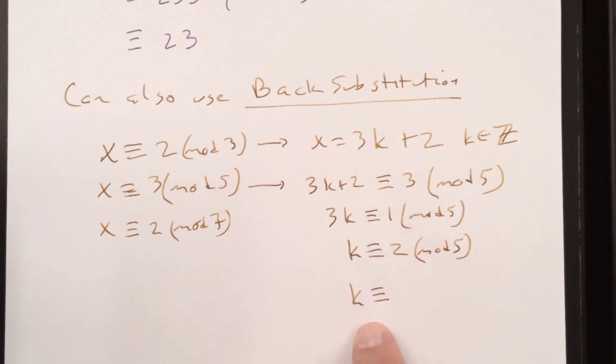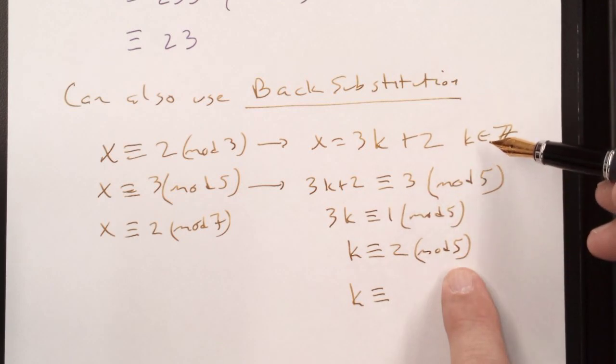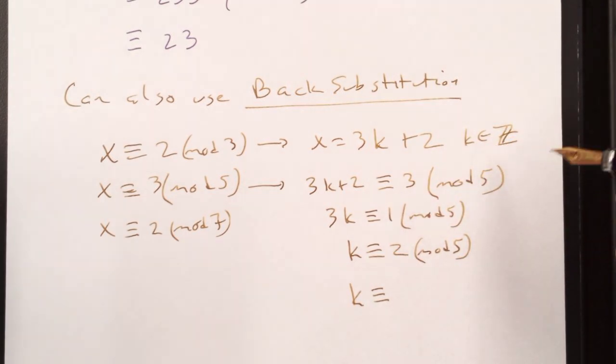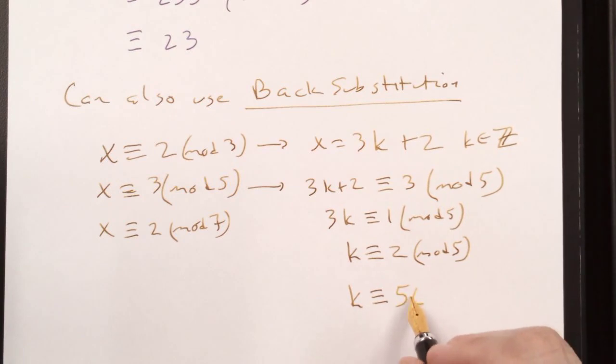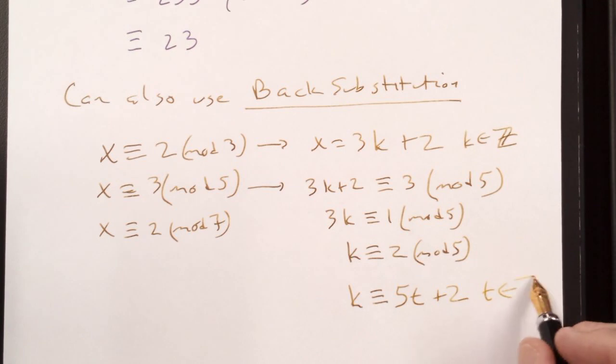I don't know that k is 2 mod 3. But I do know that k has a writing mod 5. How can I write k from this equation? Very much like what I did right here. It'll be 5 something plus 2. And all I know about the something is that it's an integer.